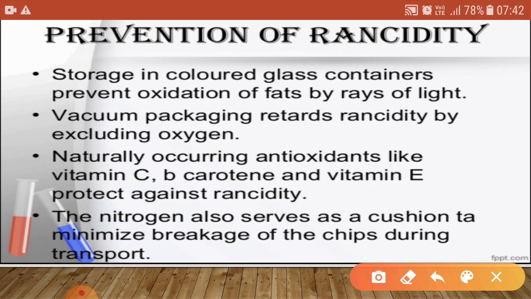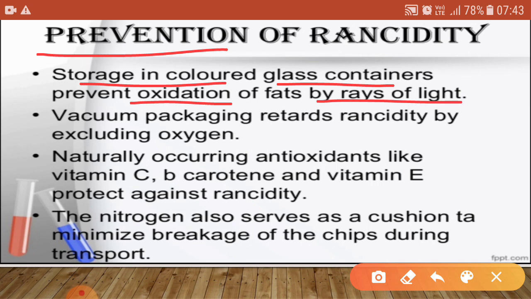Now, how can we prevent this rancidity? We can store the material in colored glass containers so that it is protected from oxidation by the rays of light, or we can use vacuum packaging so that it can retard the rancidity by excluding the oxygen.